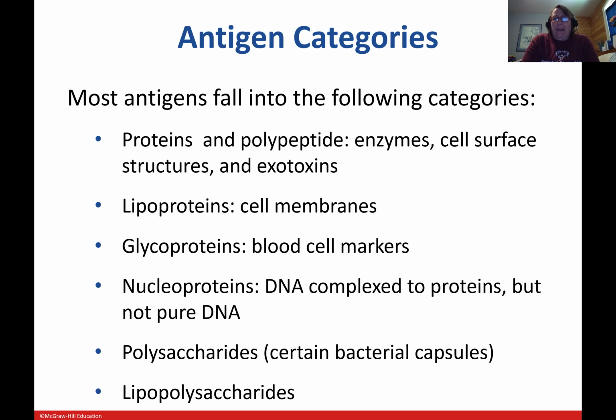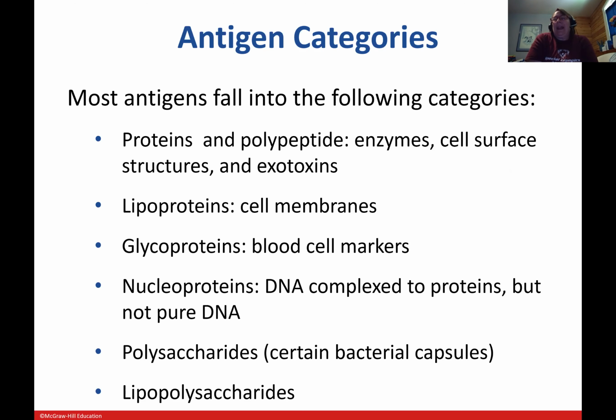Things like enzymes, cell surface proteins, and exotoxins are examples of proteins and polypeptides. Lipoproteins tend to be things like cell membranes. If you have a lysed cell, you might have lipoproteins floating around from that situation. A glycoprotein, for example, is a blood cell marker; ABO markers are basically glycoproteins. That's a protein with a sugar hanging on the outside of it.